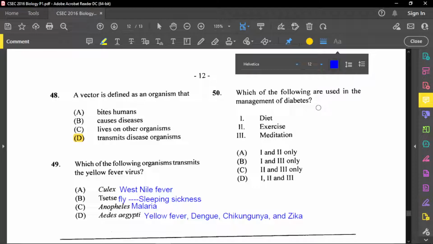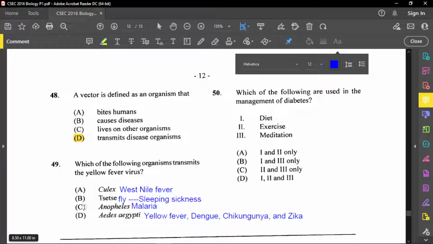Now let's go to 49 and 50. 49 says, which of the following organisms transmit the yellow fever virus? I put the names of the diseases that are transmitted by these organisms right here. Culex is definitely a species of mosquito, and it's responsible for West Nile fever. The tsetse is a fly, and the tsetse fly is responsible for sleeping sickness.